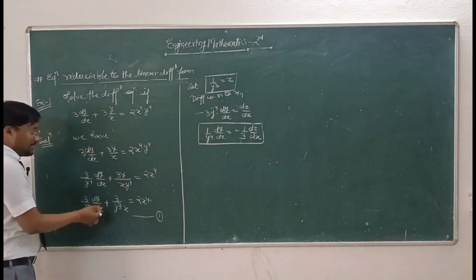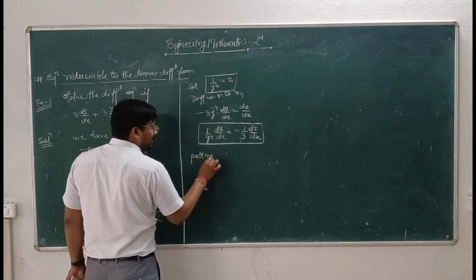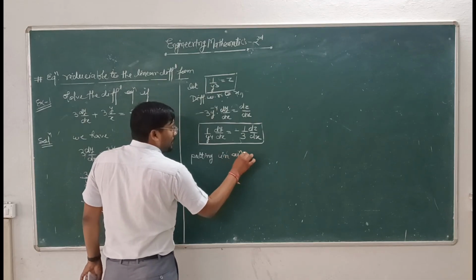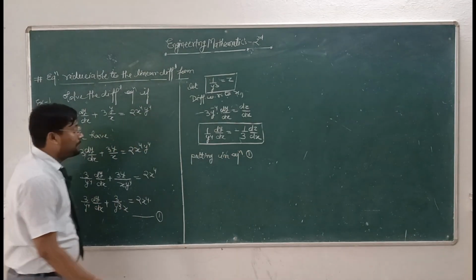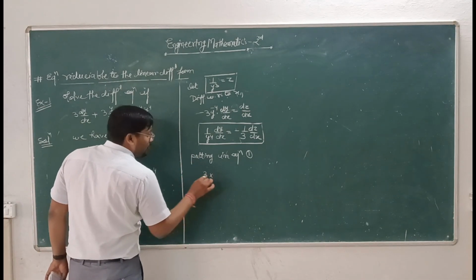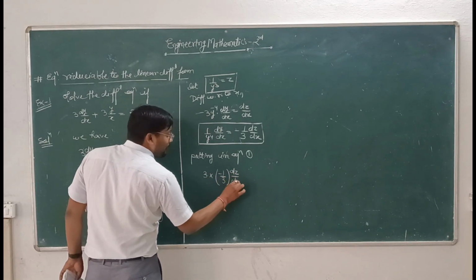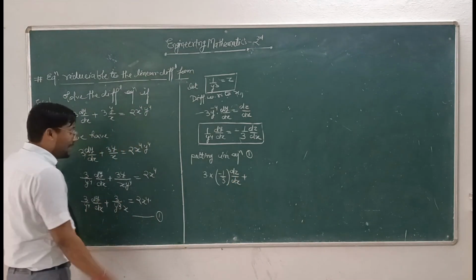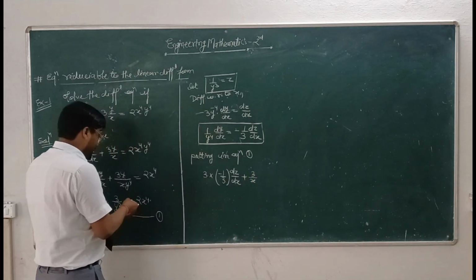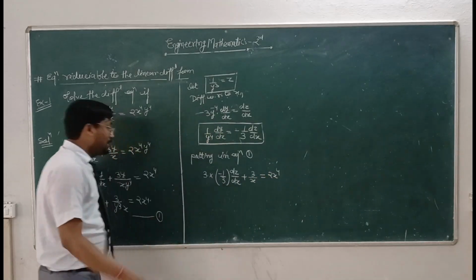Put all the values in the differential equation first. Putting in equation first, you can write 3 into minus 1 by 3 dz/dx plus 3 upon x z is equal to 2x to the power 4.